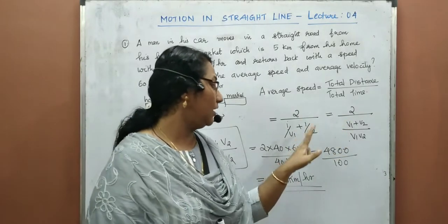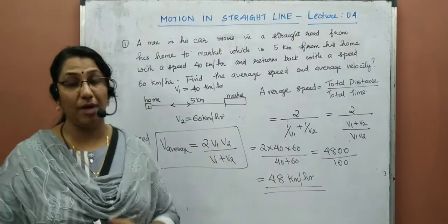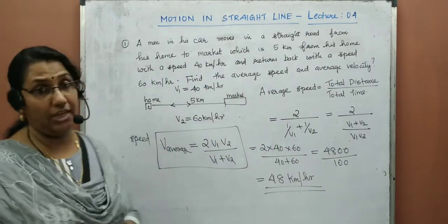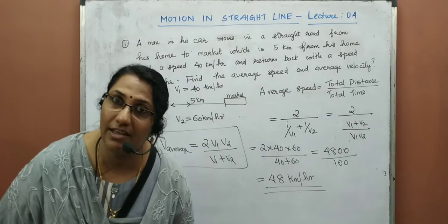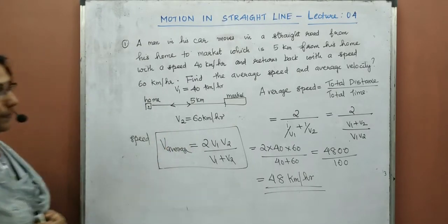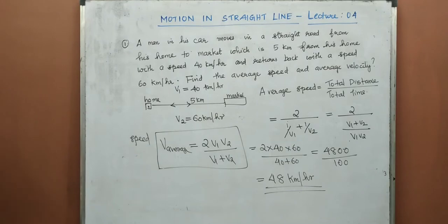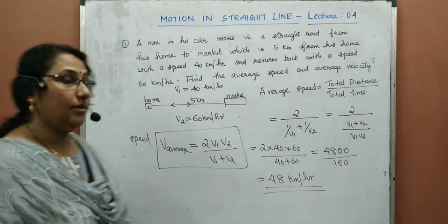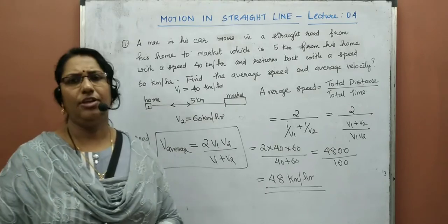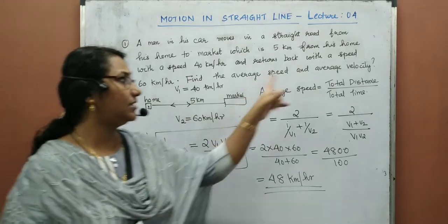On solving this, you get 2 v1 v2 by v1 plus v2, and substituting the values, the answer is 48 km per hour. Is it clear? Pause the video and do the question. Hoping you understood. If you understood this, find the second question.